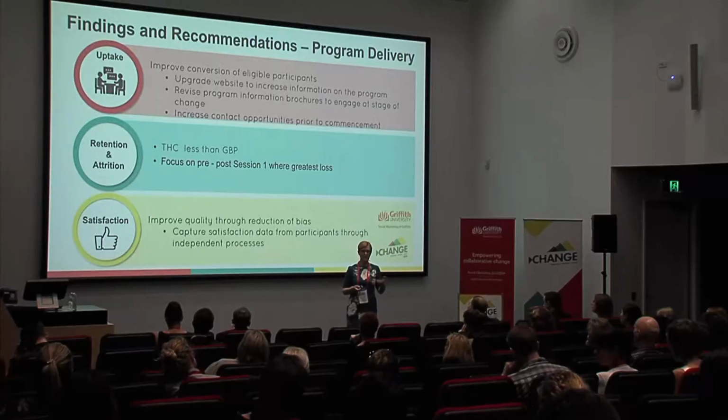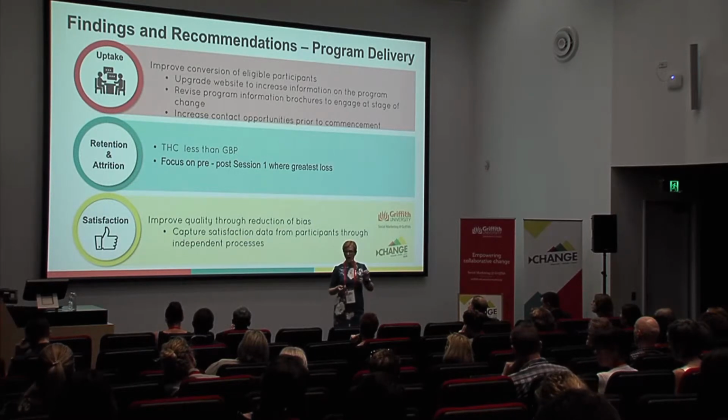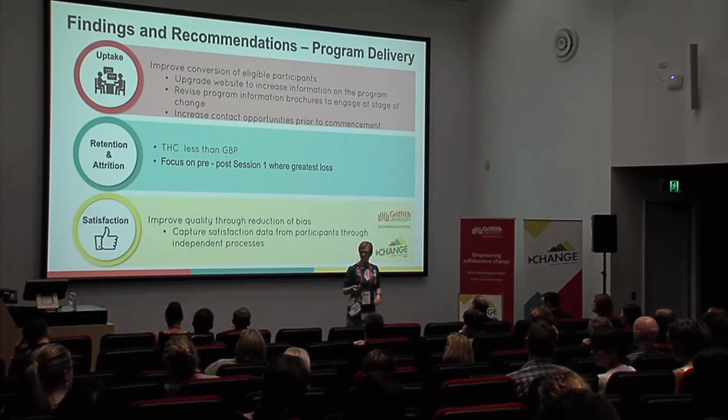So people might do a risk assessment, which is an awful name, and consumers don't actually like that, and getting them to go, if they are eligible, and there's very strict eligibility criteria as well, to actually get them to move into the program. We've upgraded the website as well and changed some of the brochures and other marketing collateral.